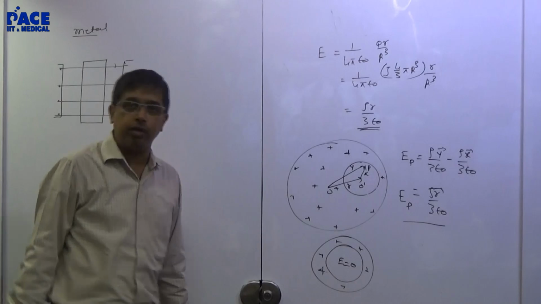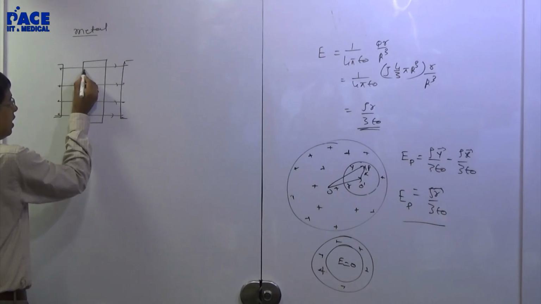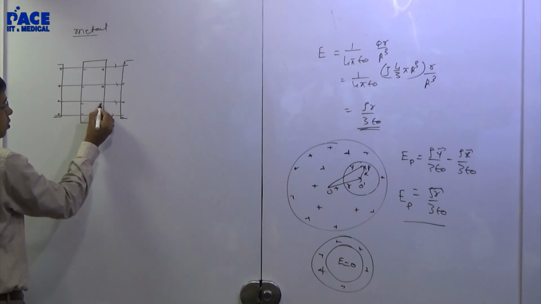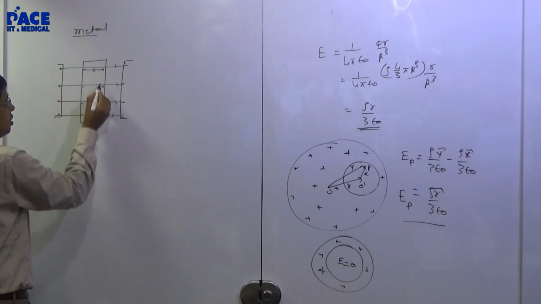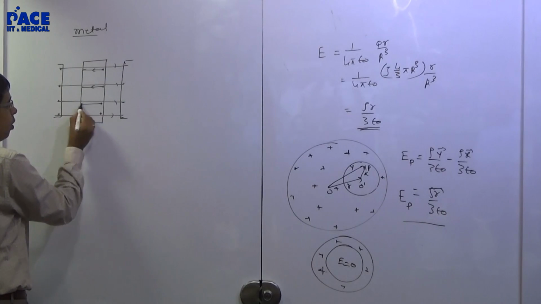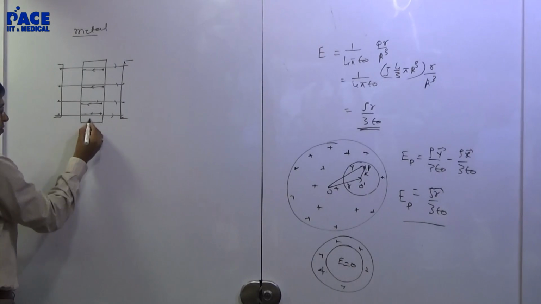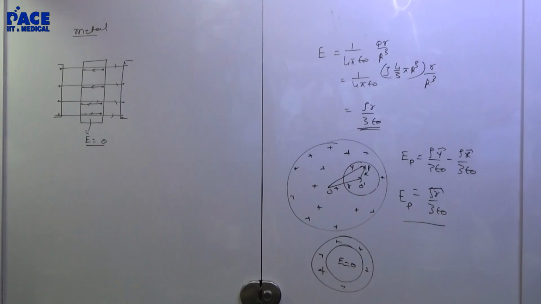It is the most important concept in electrostatics. Now because this is a metal, there will be induced negative charge on this side and induced positive charge on this side. The induced charge will generate a field in the opposite direction. So net field inside will become 0. This is what happens.